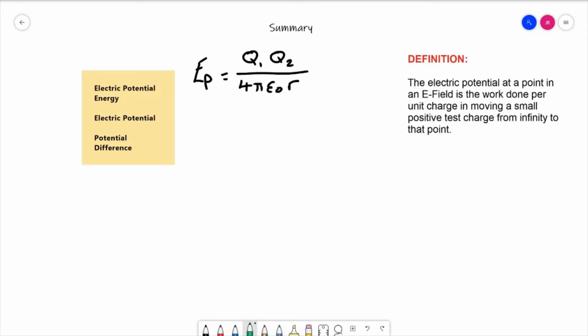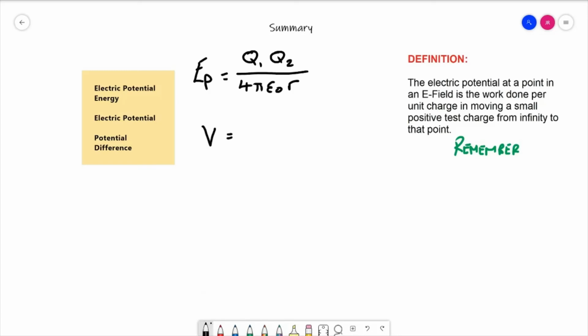Now, I didn't mention it earlier, but that definition, unfortunately, you will have to remember. That is usually a favourite of AQA to make you give that definition, normally for 2 or 3 marks in an exam paper.